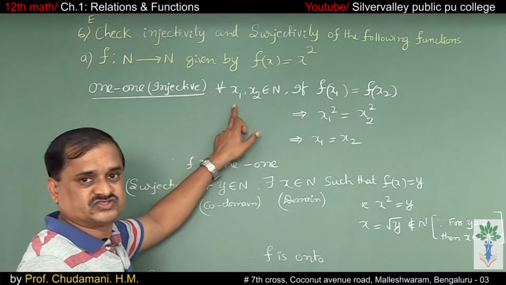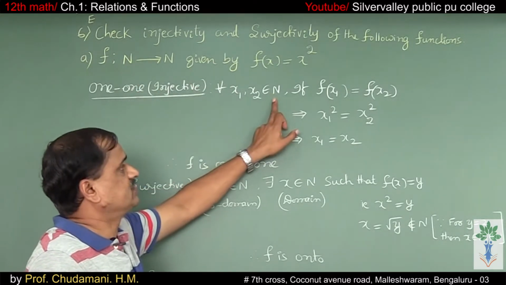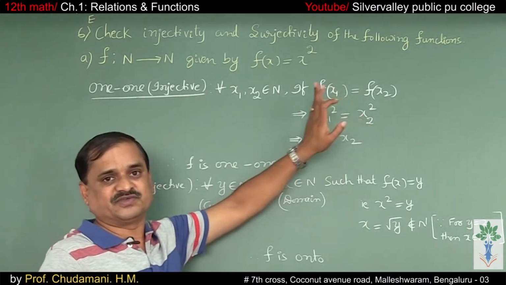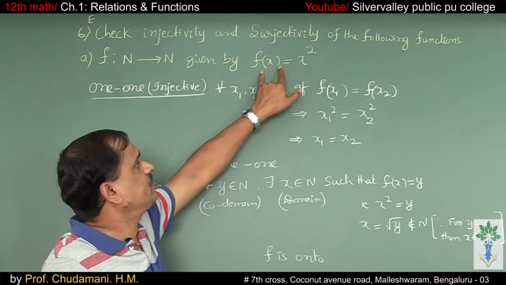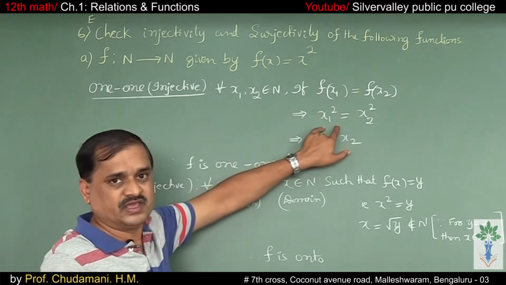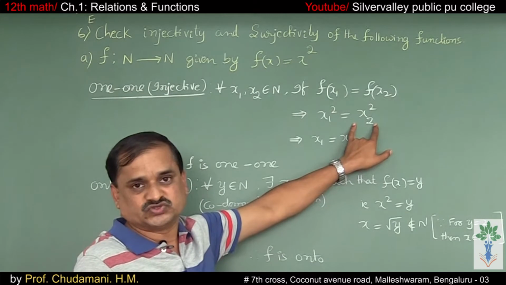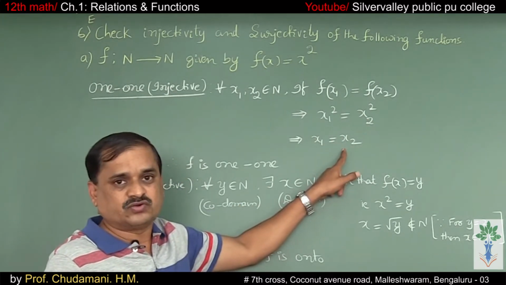For all x1 and x2 belongs to the domain, the set of natural numbers, if f of x1 equals f of x2, implies x1 square is equal to x2 square. So this implies x1 is equal to x2.